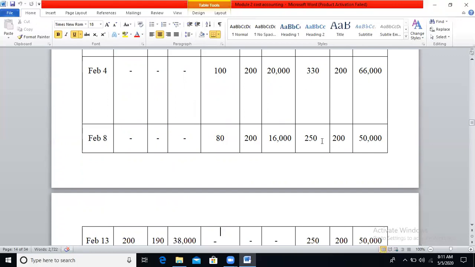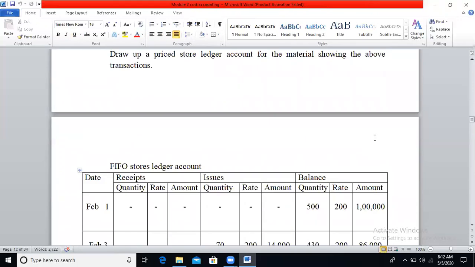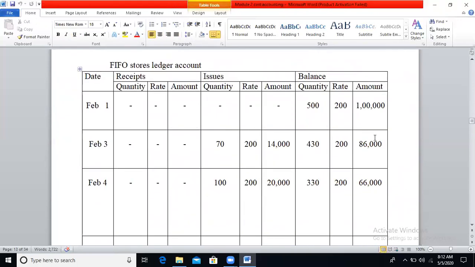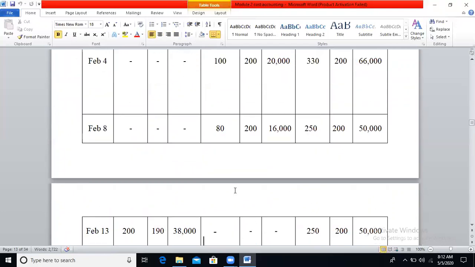So the remaining quantity will be 250 tons. The rate will be 200. So if you multiply 250 into 200, the value you will get is 50,000. So out of 500 tons, now we have already issued 70 tons, 100 tons, and 80 tons.